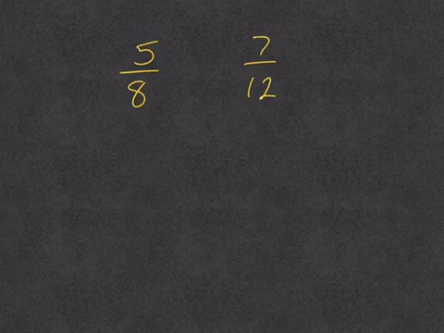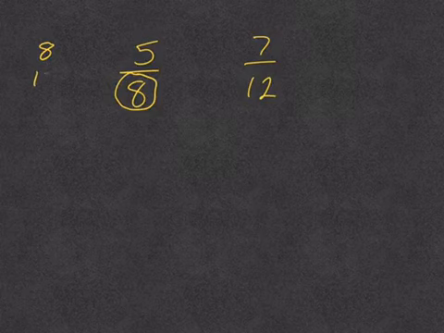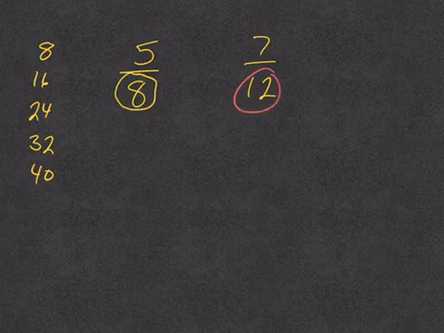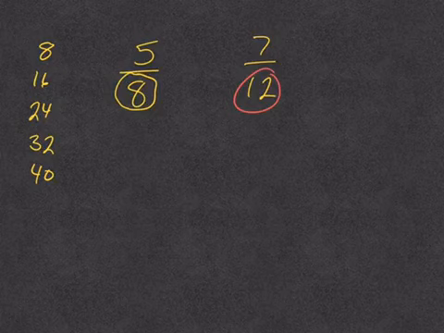So let me explain. So if I list out every multiple of 8, I would go 8, 16, 24, 32, and 40. I think that would be enough. If I list out the multiples of my 12 over here, what I'm trying to do is find a common one, the first time that they match.